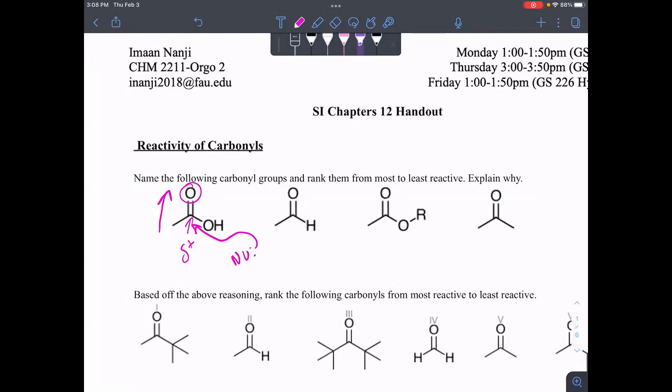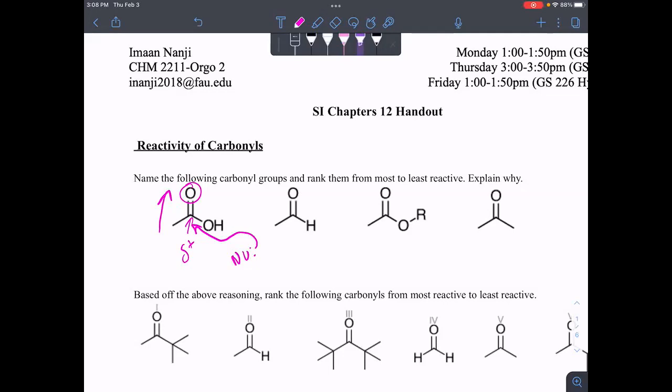Now the reactivity of carbonyls is going to change. Do you remember what makes a carbonyl more or less reactive? Like the least oxygens or least competition, the more reactive? Yeah, so the least competition. Yeah, so less steric hindrance definitely helps. Yeah, what is resonance? How does that affect it?